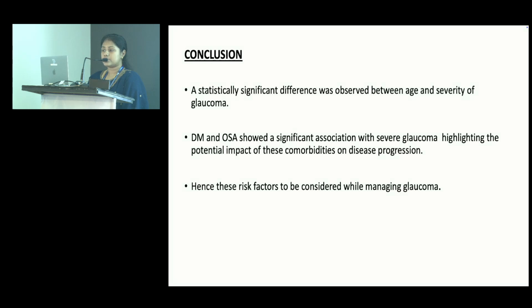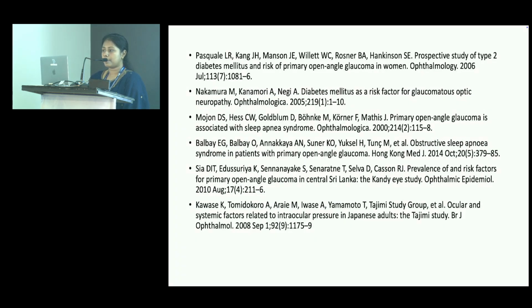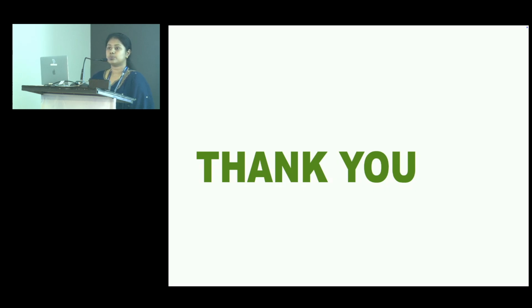Diabetes and OSA showed a significant association with severe glaucoma, which highlights the potential impact of these comorbidities on disease progression. Hence, these risk factors should be considered while managing glaucoma. So these are my references. Thank you.